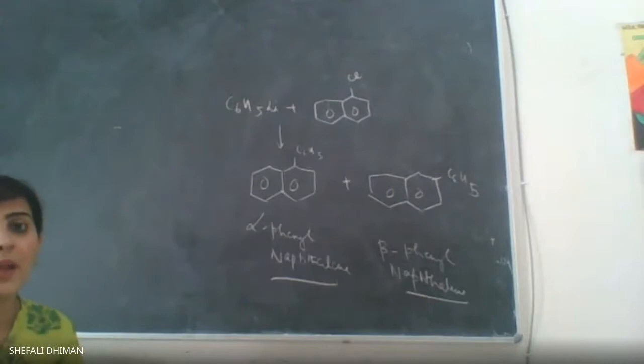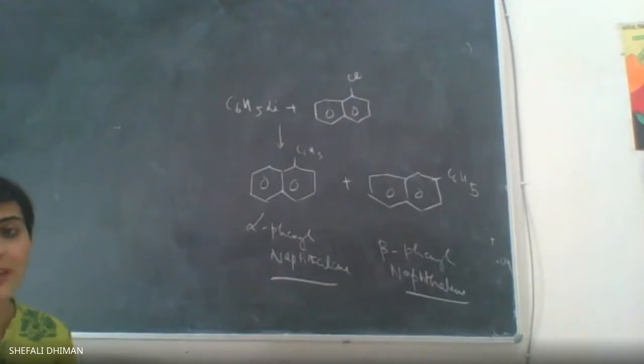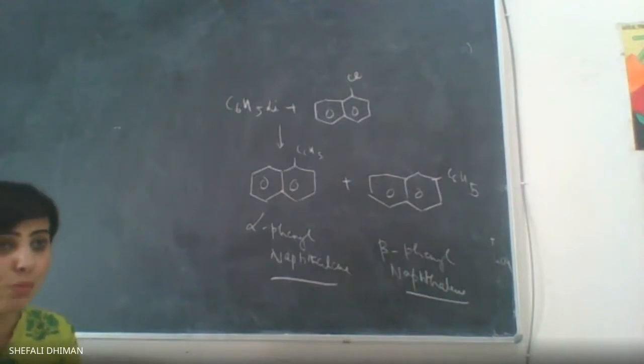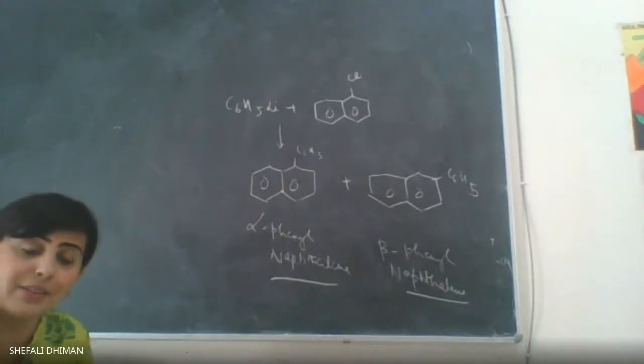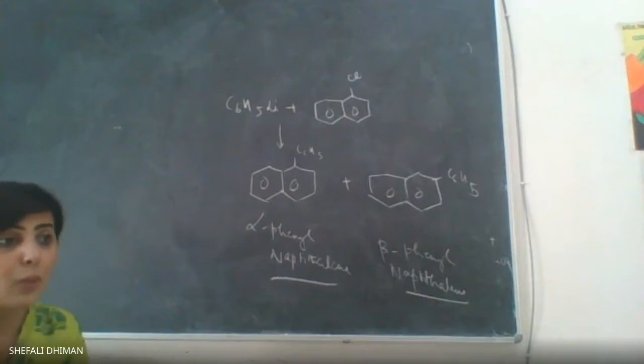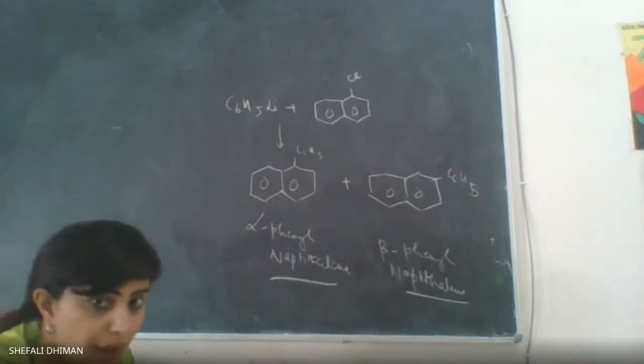So I think if you prepare the Grignard reagent well, organolithium compounds would be automatically prepared. So you will not find many problems. Grignard reagent reactions are more, organolithium are relatively less. So with this, I think we have finished with the organolithium compounds as well.